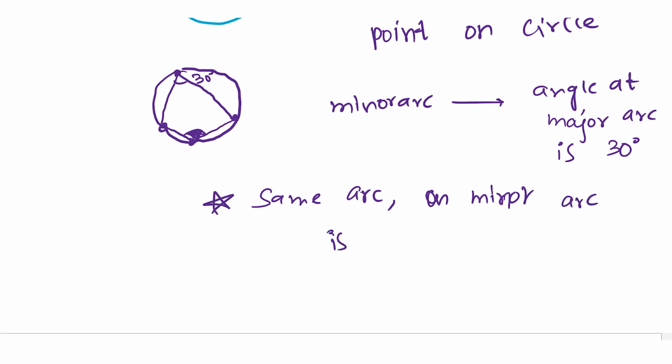So the same minor arc. 180 minus 30. So basically, what that means is it is not 30 degrees.